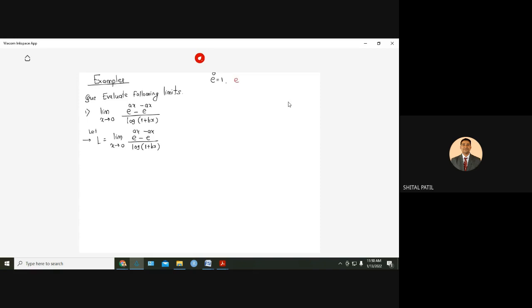E raised to infinity equals infinity. E raised to minus infinity equals 0. Log of 0 is minus infinity, log of e is 1, and log of infinity is infinity. Okay, remember this.